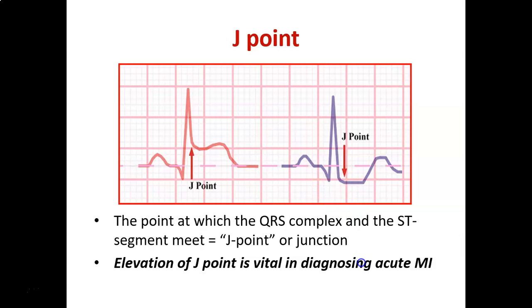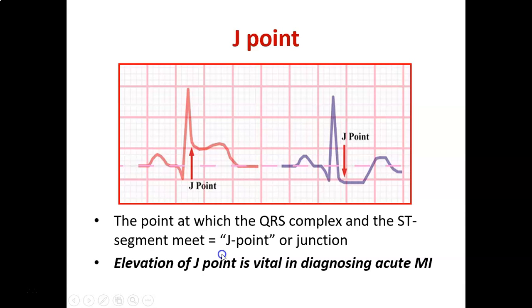Another very important point: when you are looking for ST segment elevation, always try to find the J point. J is the junction where the S wave ends and the ST segment starts.